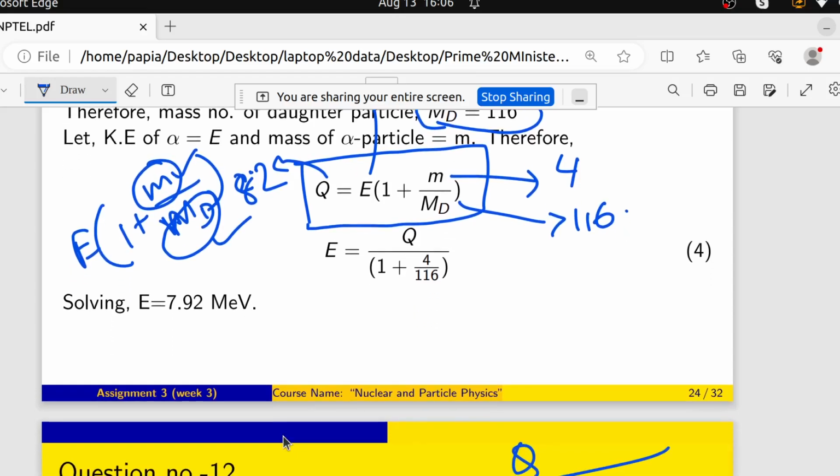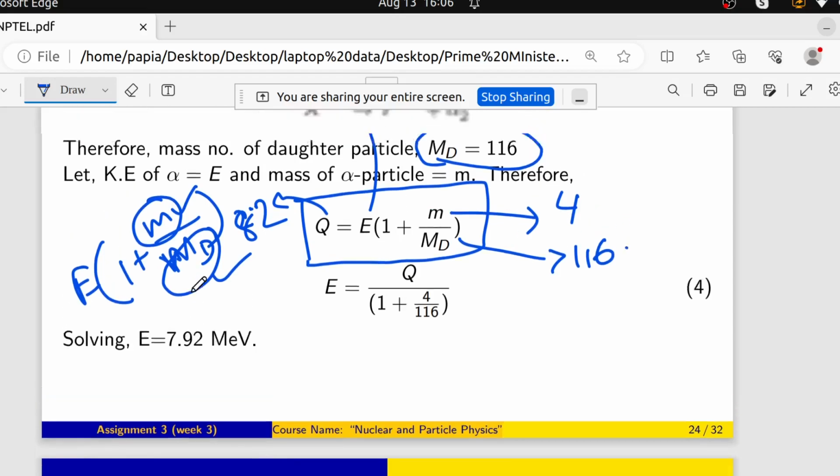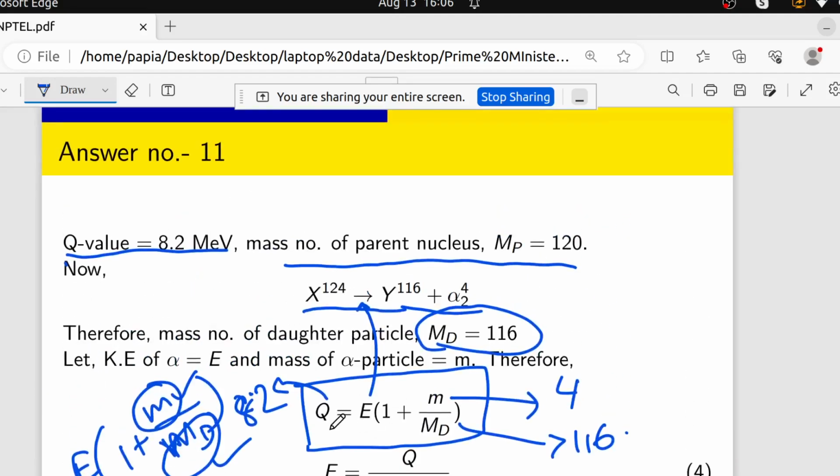Putting Q as 8.2, 1 plus 4 divided by 116, that is 8.2 divided by this, it comes as 7.92 MeV.